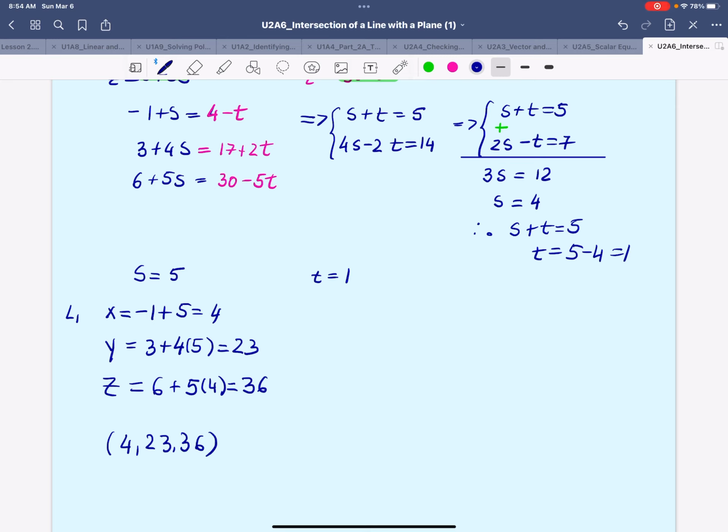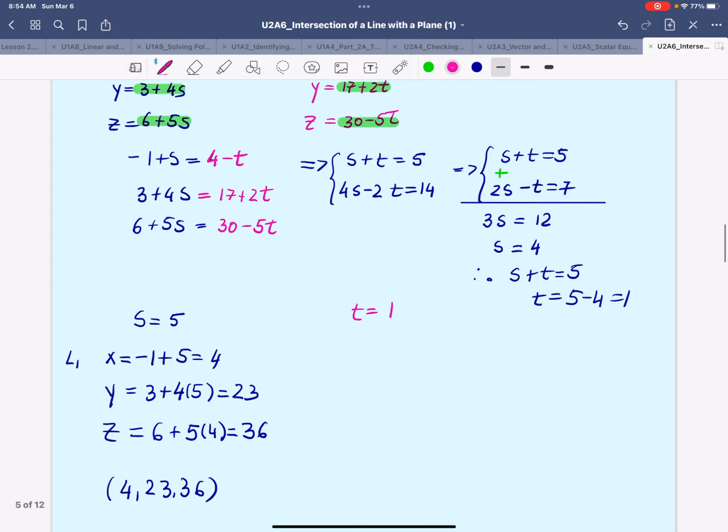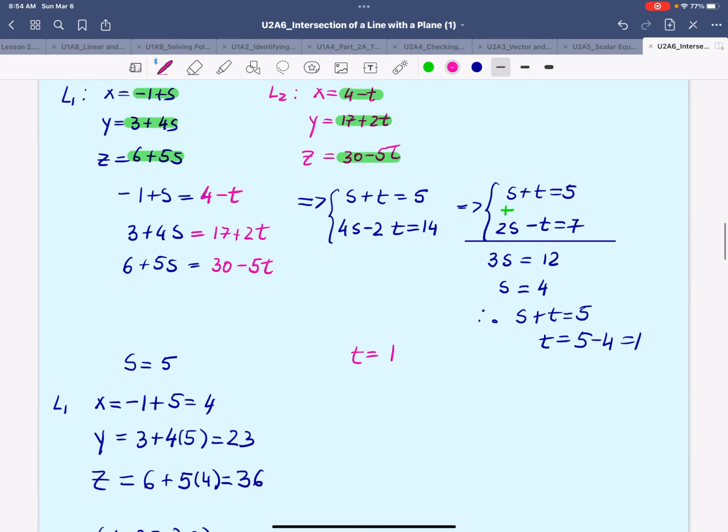Now let's take a look at line L2. For line L2, we're using the scalar t, which we found out to be 1. So for line L2, we have x equal to 4 minus t. So 4 minus 1, that's 3. For the y coordinate, we have 17 plus 2t, so 17 plus 2 times 1, which equals 19.